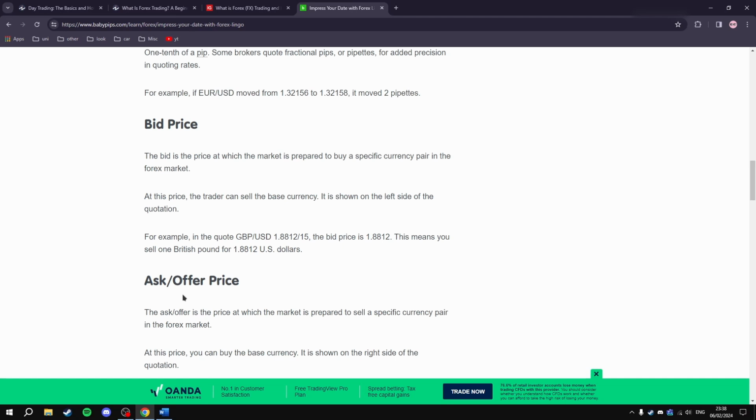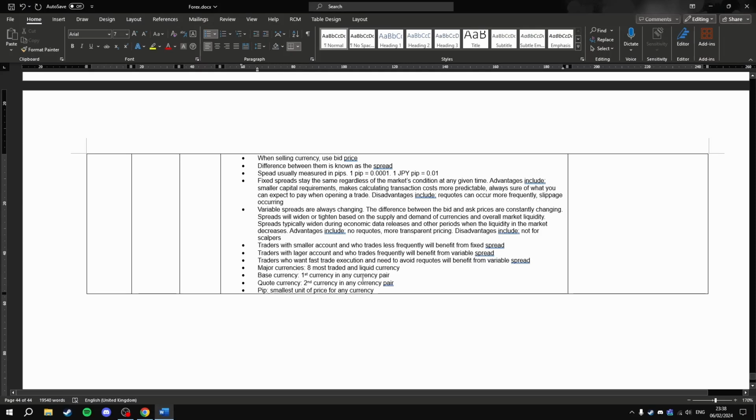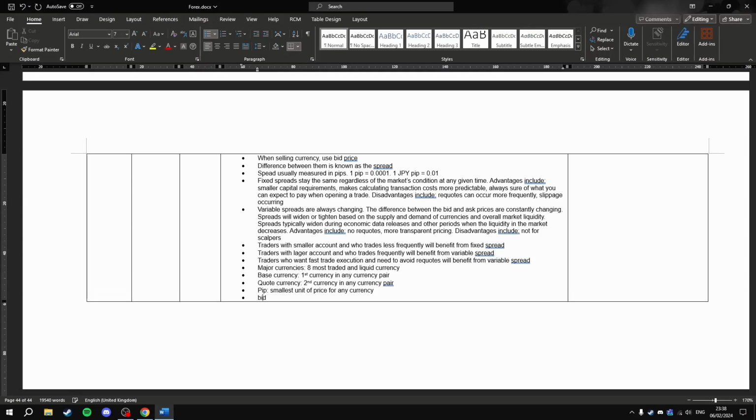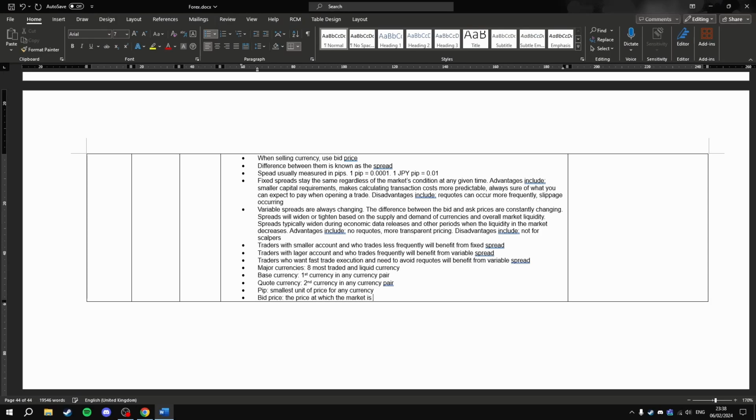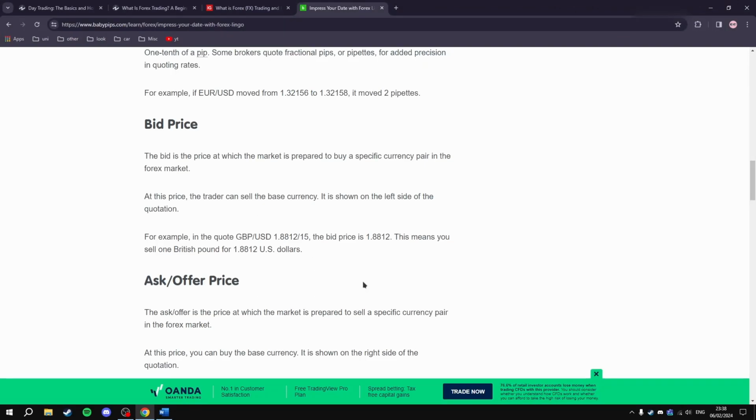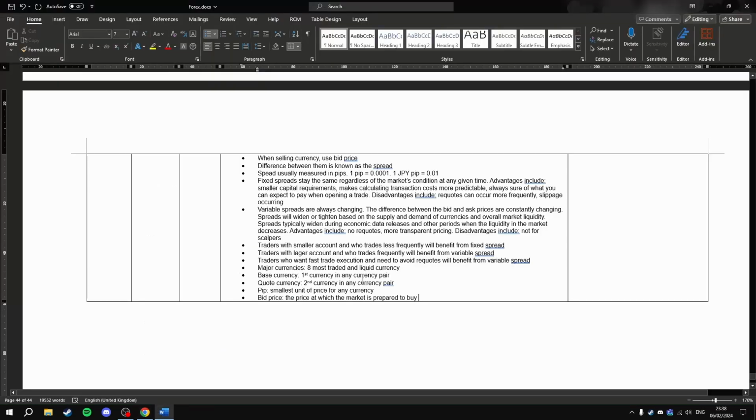Bid price. The bid is the price at which the market is prepared to buy a specific currency pair in the Forex market.